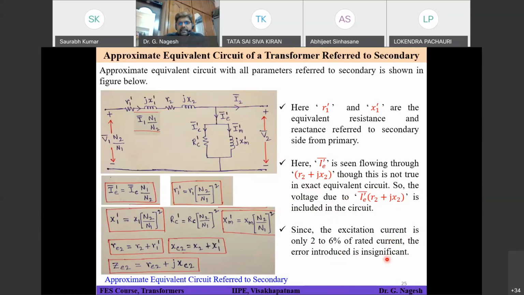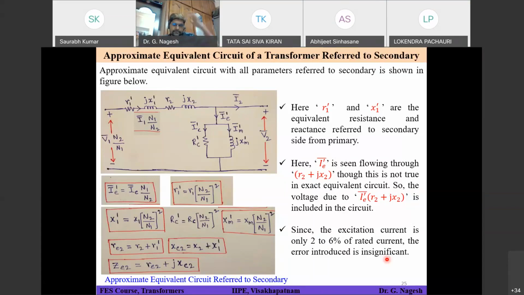The voltage drop because of this excitation current after transferring to the secondary is very small, so it can be neglected, or it will not create much variation in your study. That is the reason why they use the approximate equivalent circuit. Is it clear? Some error will be there, but the error can be neglected.